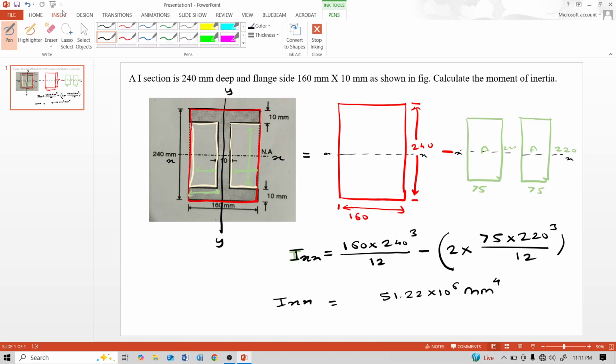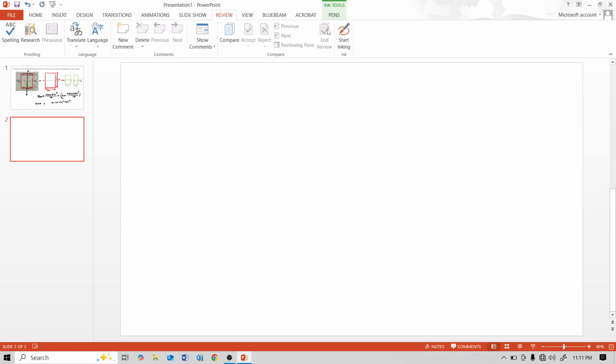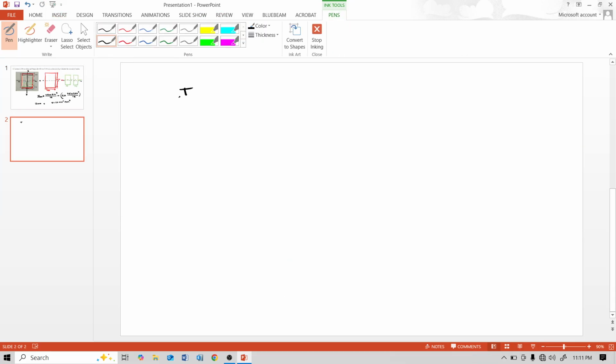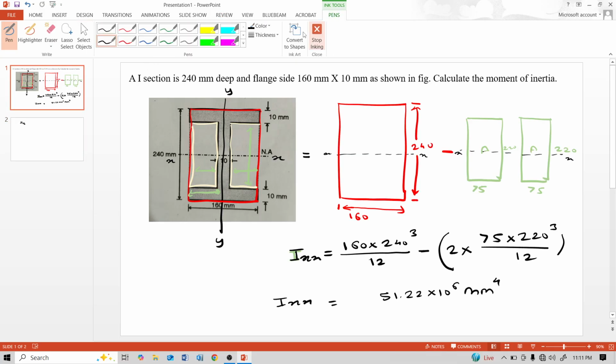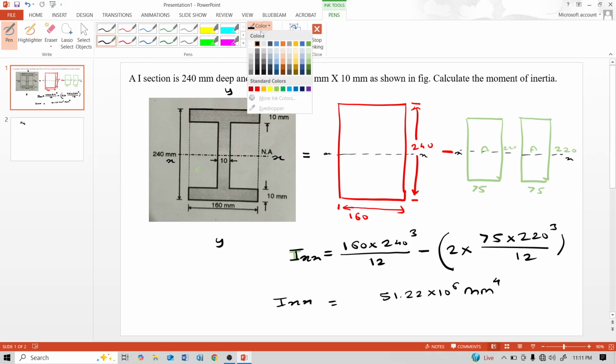Now for the YY axis, this is the Y axis.